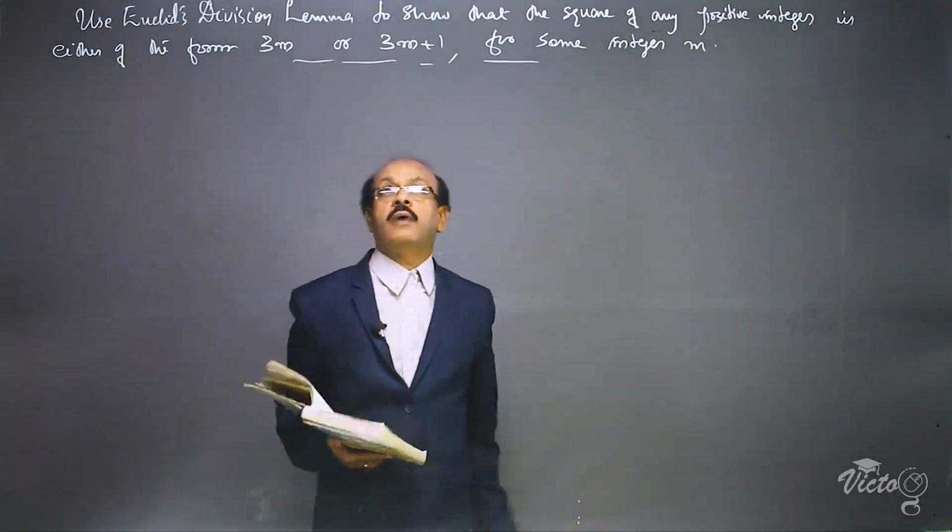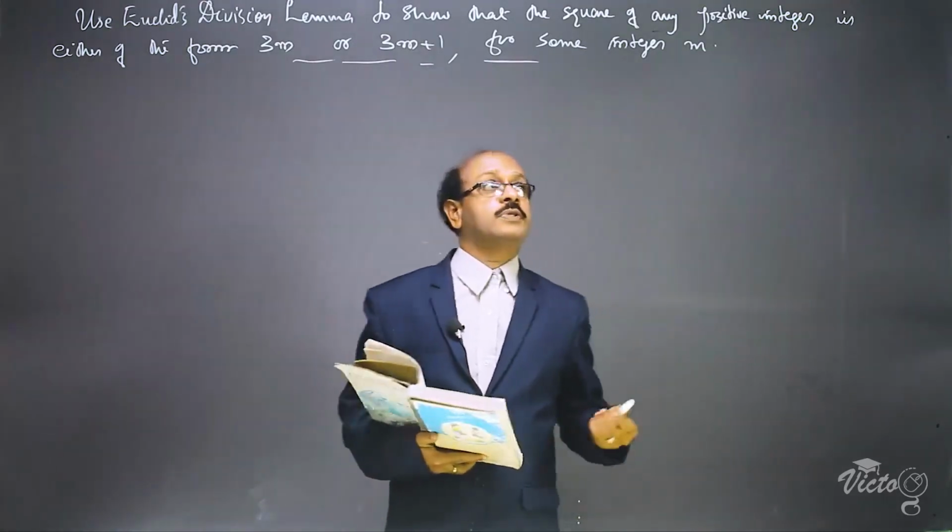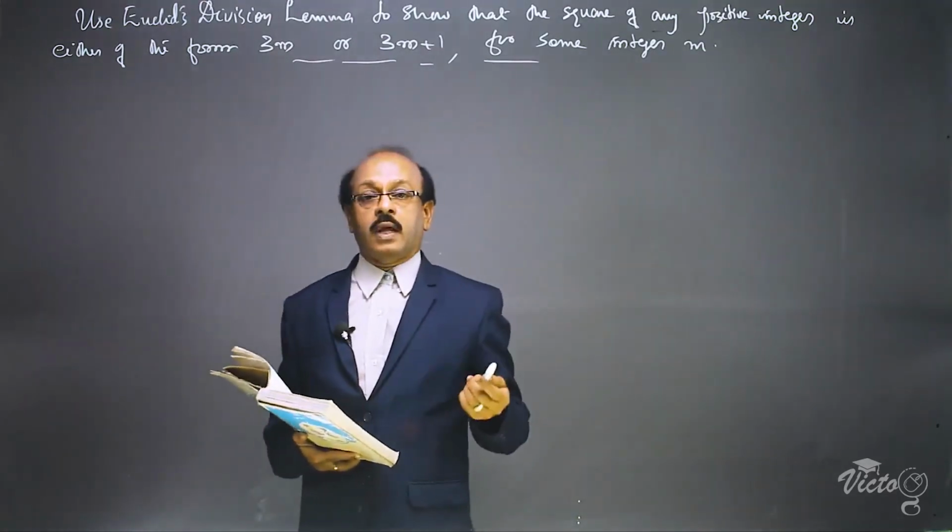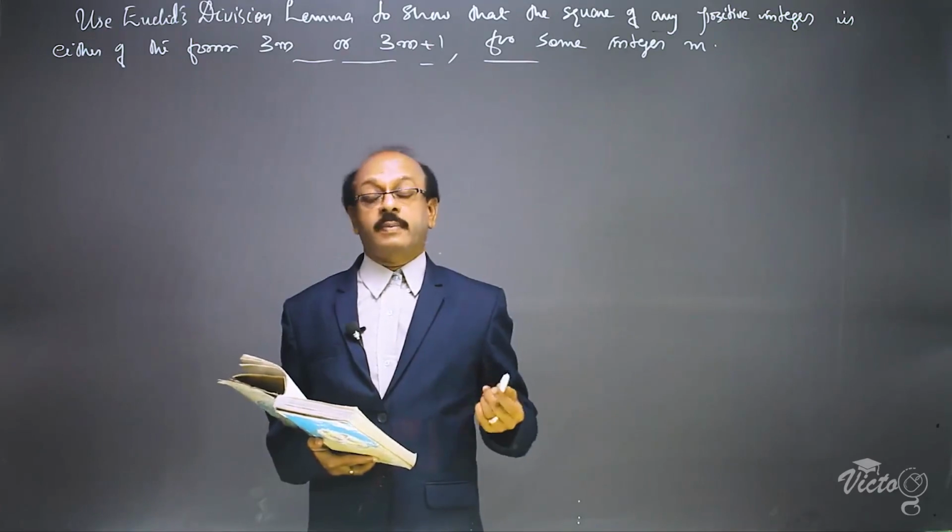This is our question. We have to show that the square of any positive integer is either of the form 3m or 3m plus 1 for some integer m.